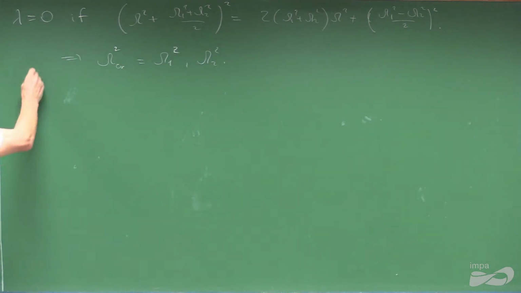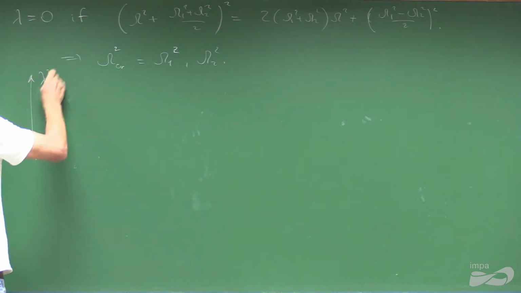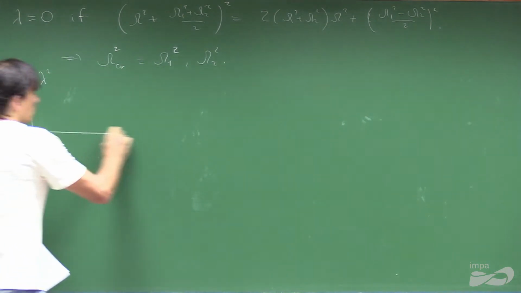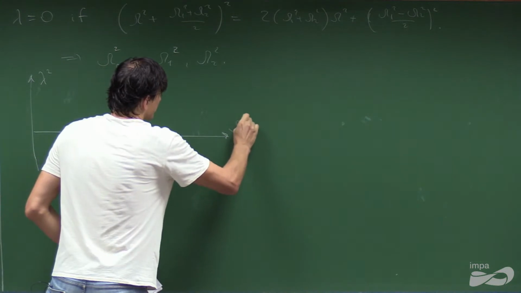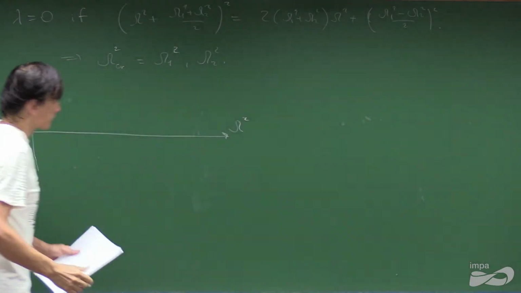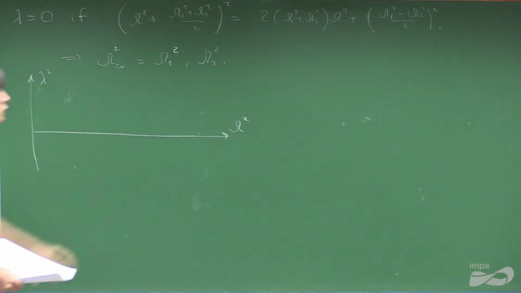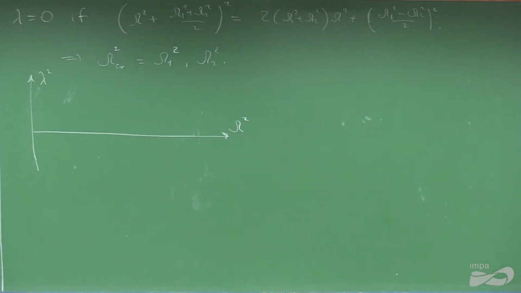So essentially what we did is we can now plot the result. It's more convenient to plot lambda squared as a function of squared velocity, because velocity only comes squared. Squared is clear because it doesn't matter in which direction it will rotate, the eigenvalues should be the same.